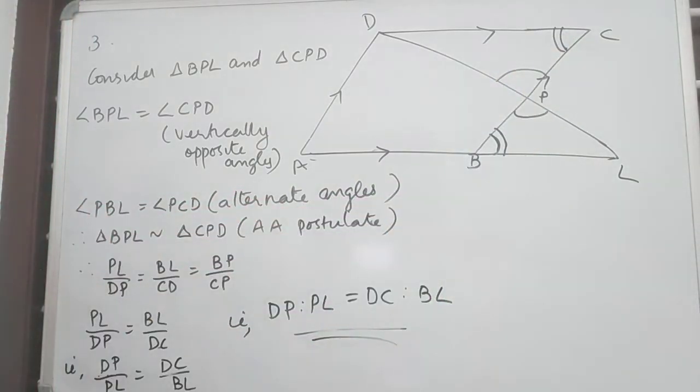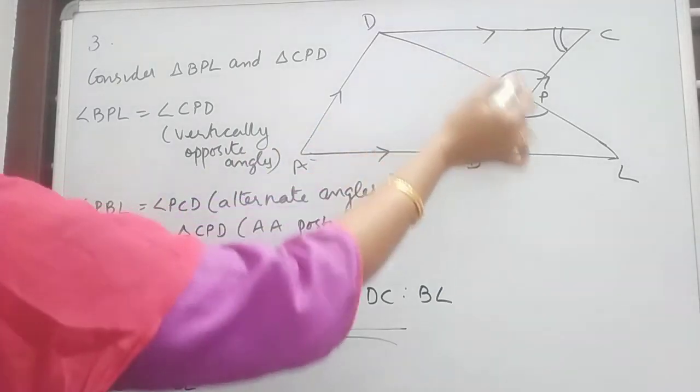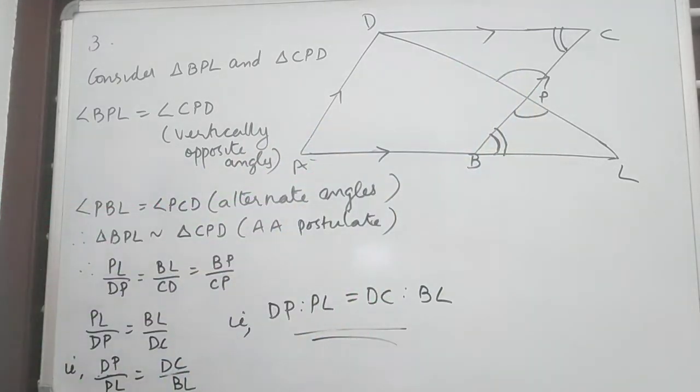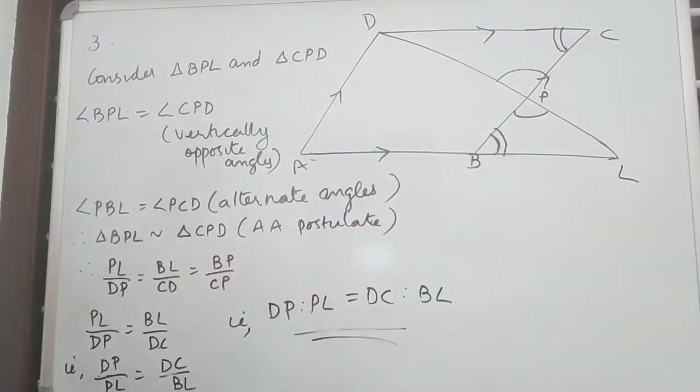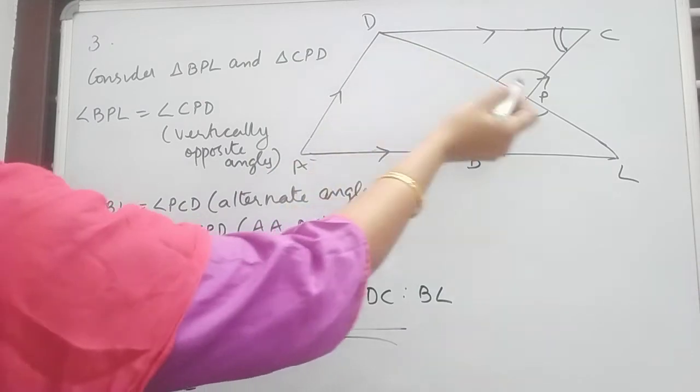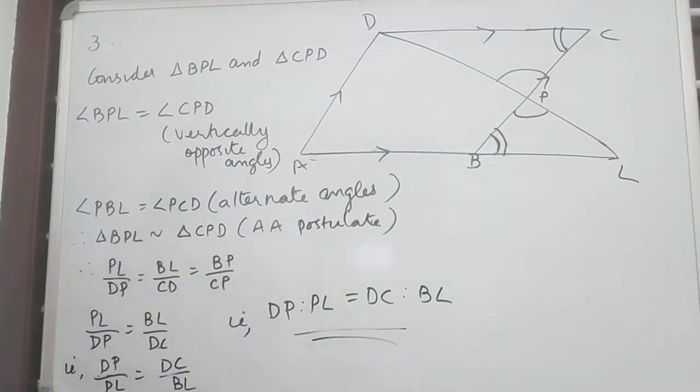So now we got two angles. Using the similarity property, we can say that triangle BPL is similar to triangle CPD. So these two triangles are similar. Two angles are equal, so we can write the AA postulate. Since these two are similar, we can write PL divided by DP, corresponding sides.